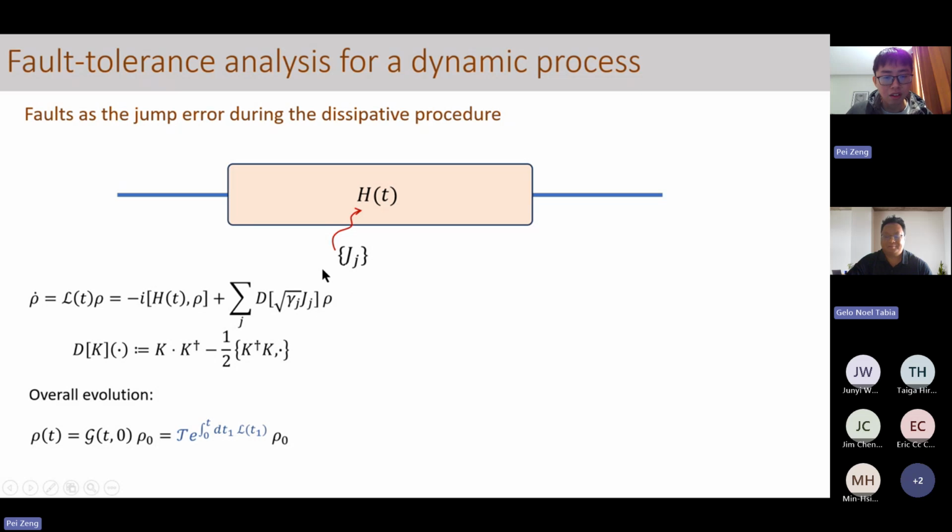The major reason is that the jump operator only acts locally. This J operator acts as some decay or excitation, and this kind of jump operator still acts locally on a single qubit or on two qubits. Let's say you have a 1,000 qubit device.